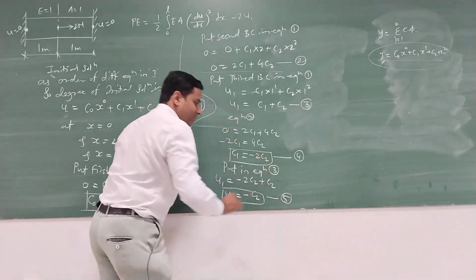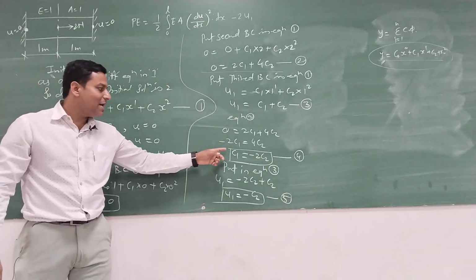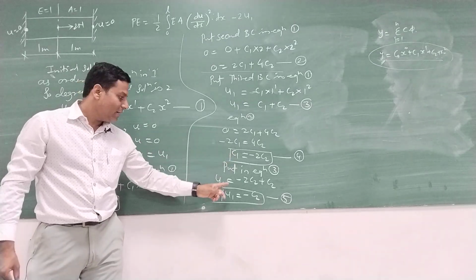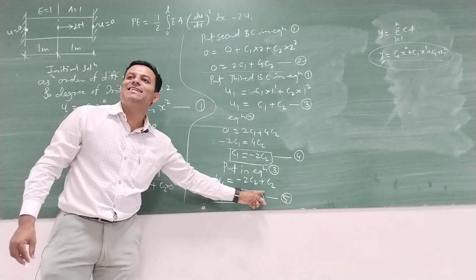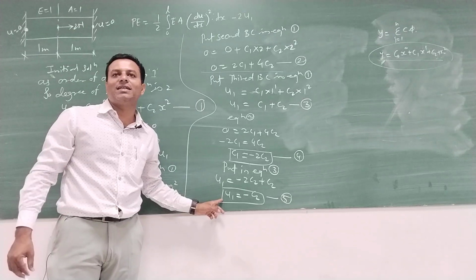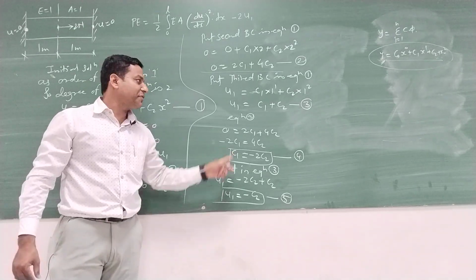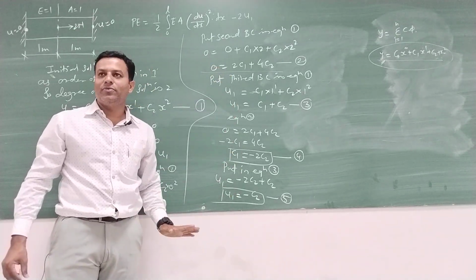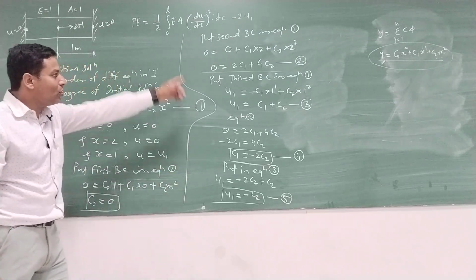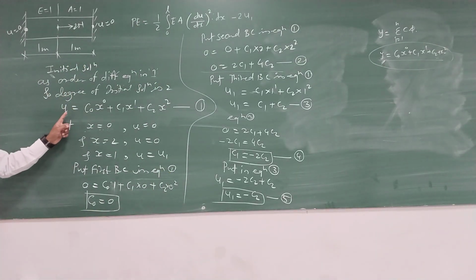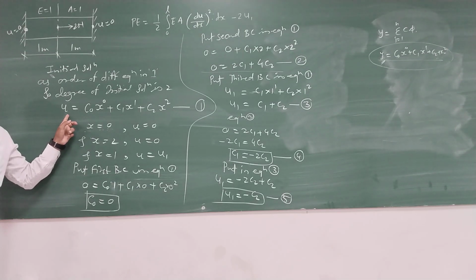Equation number 5. So what value did we get here? C1. What did we get here? U1 and C2, means C2 is equal to minus U1, you can say. Okay, so after solving we have all the values now. Now put all these values in equation 1.